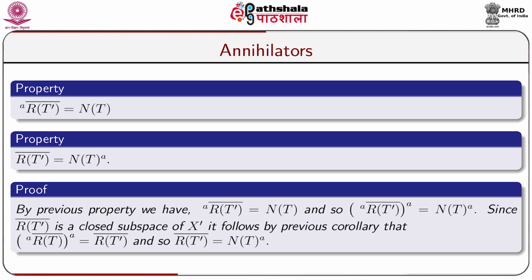and so R(T dash) bar equals the annihilator of N(T). In this module 4 of chapter 8, we have learned some properties of conjugate operators of bounded linear operators from a normed linear space X to a normed linear space Y. Also, we have proved some results on annihilators of a subset of a normed linear space and its conjugate spaces.